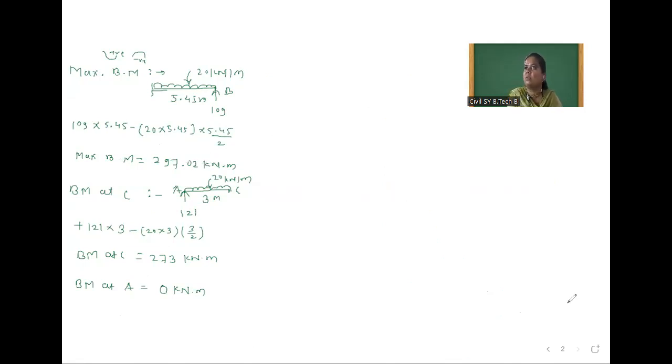Now you ask your question. Where? C. Okay. At C point, one point load will be there, but this point load is acting at that particular point. So the perpendicular distance is, we are calculating moment at C. You clear here?